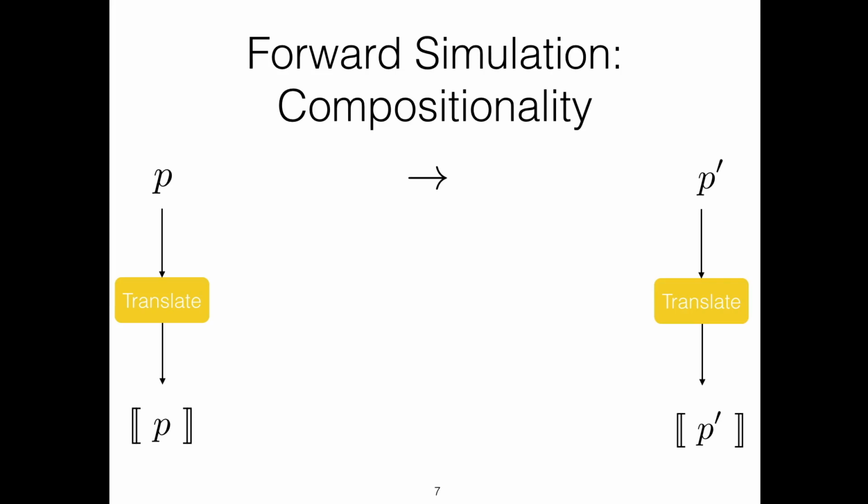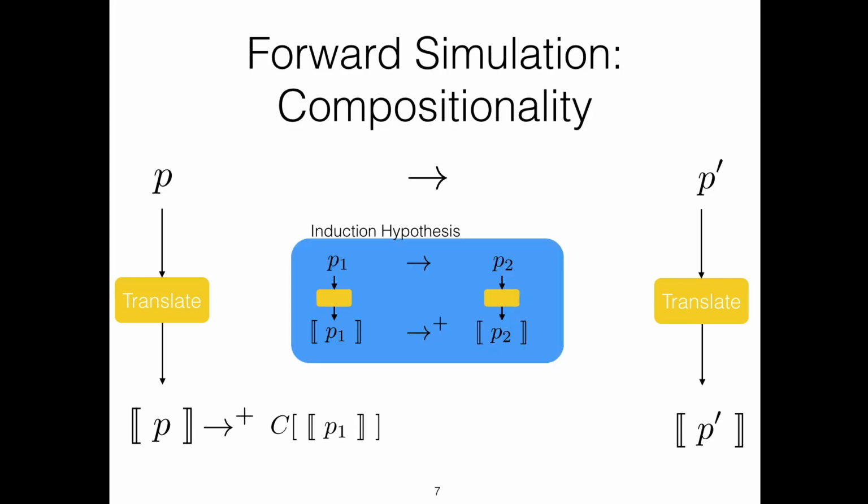For example, say that we have to show that the translation of P steps with some number of steps to the translation of P prime. Often, the translation of P steps to some term that has a subterm that is the translation of a smaller program P1. Then, we can use the induction hypothesis to derive that if the program P1 steps to P2, then the translation of P1 steps to the translation of P2.